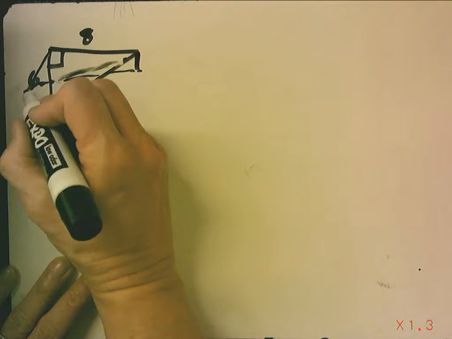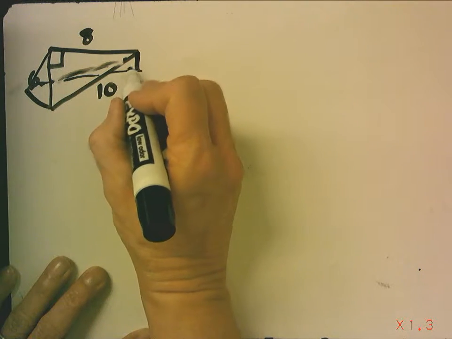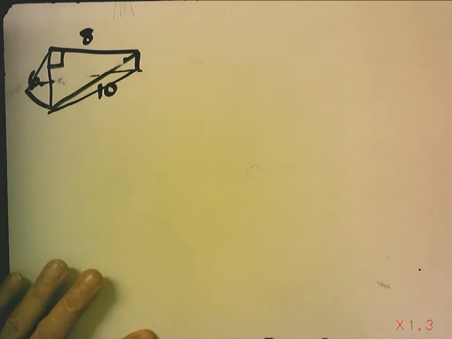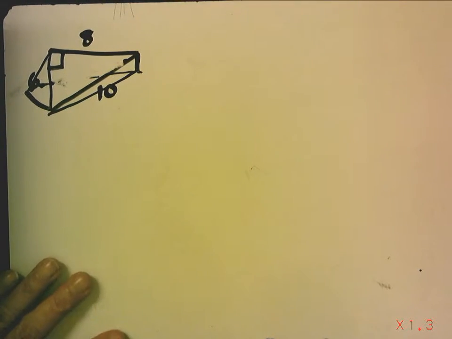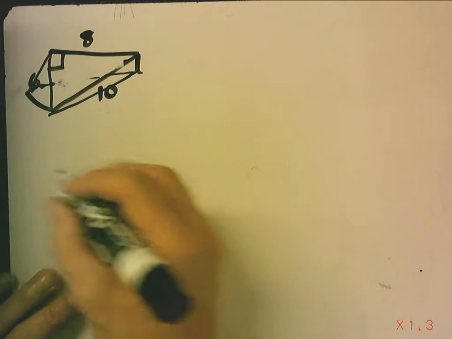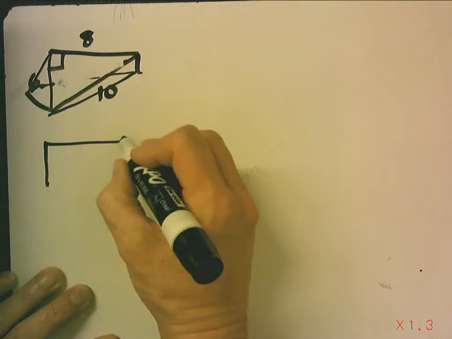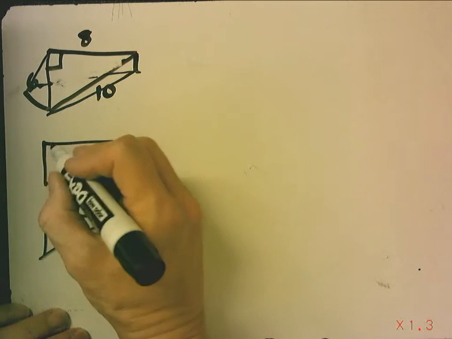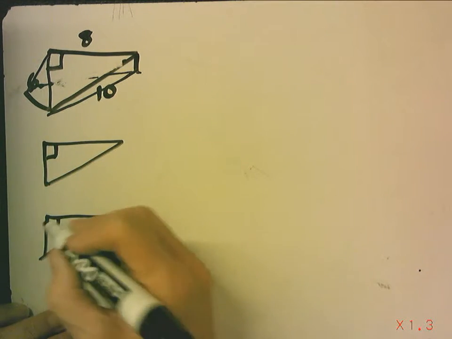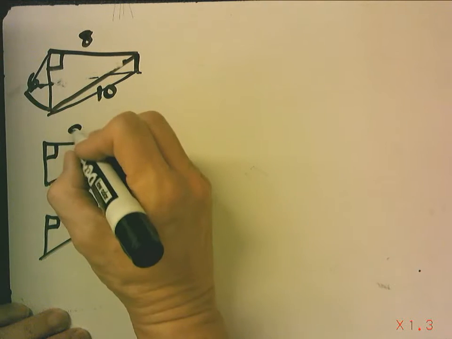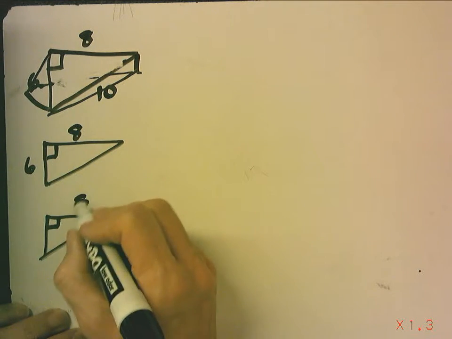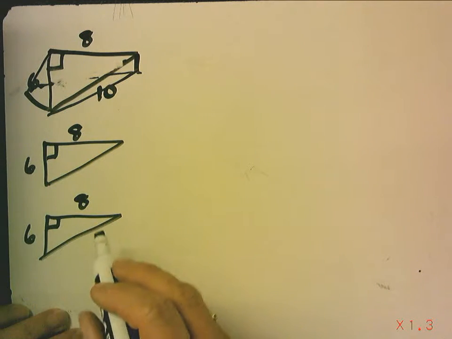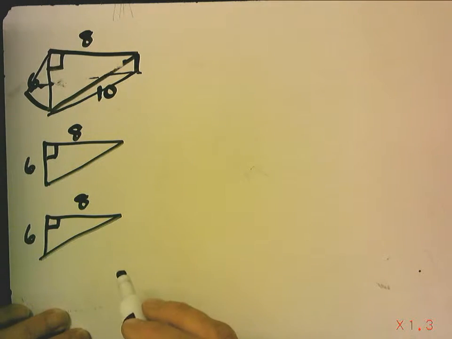This kind of looks like a piece of cheese. I didn't do the best job of drawing it, but you can look at the picture in your packet. It's made up of a triangle on top and a parallel and congruent triangle on the bottom. This is what makes this a prism: 2 parallel and congruent bases.